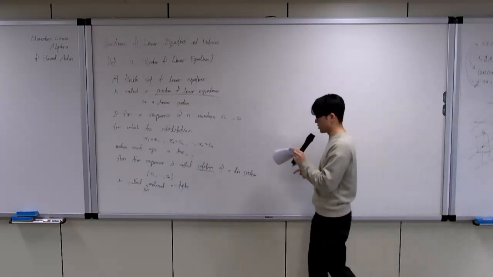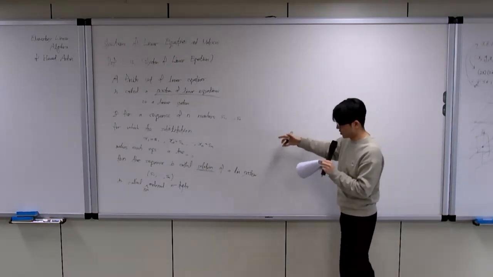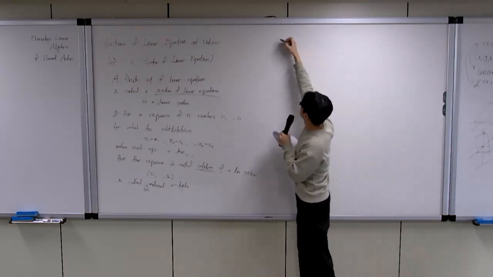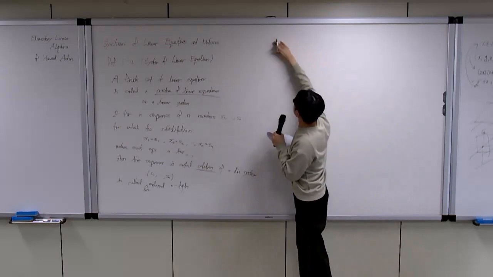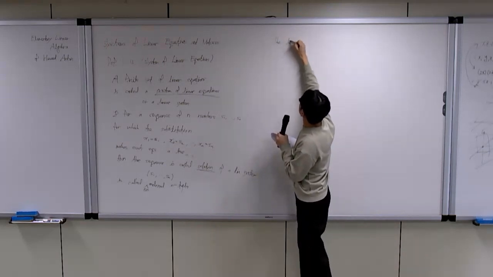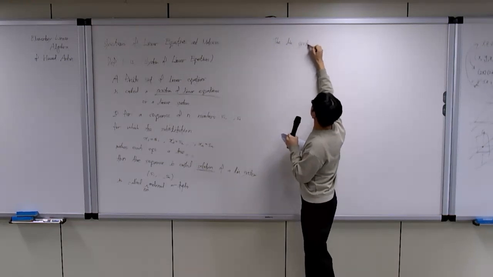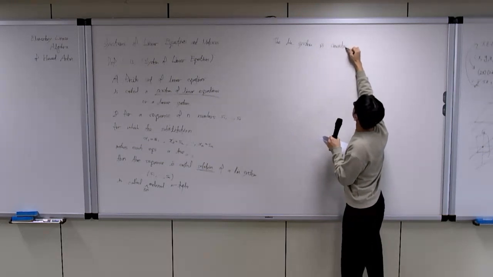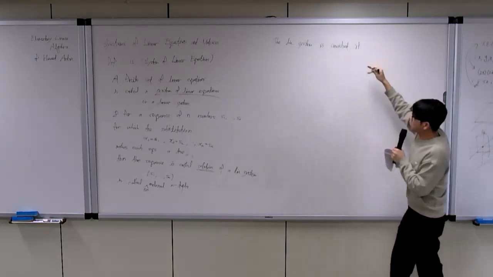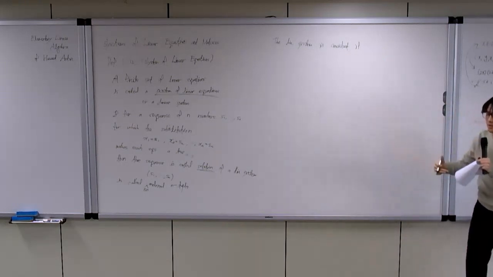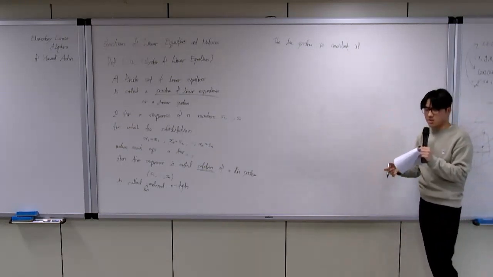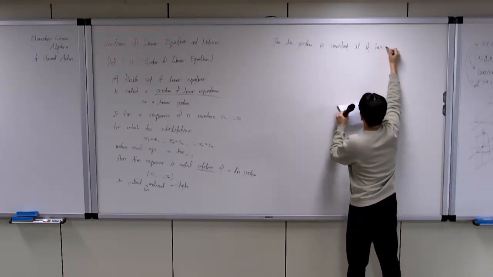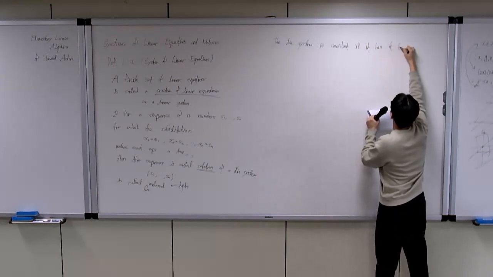And in general, we say the linear system is consistent if the linear system has at least one solution.